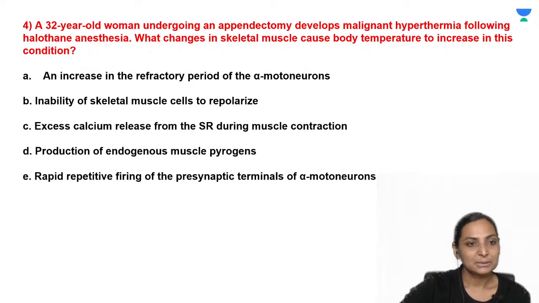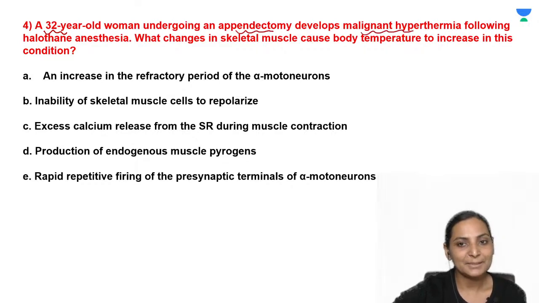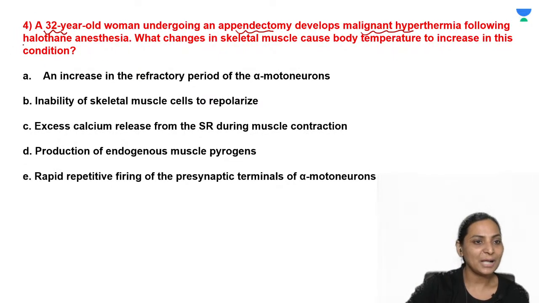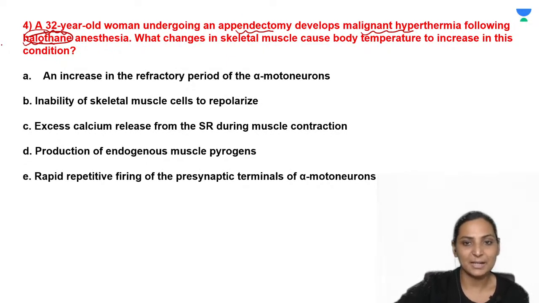Now, a 32-year-old woman undergoes appendectomy and develops malignant hyperthermia following halothane anesthesia. So the clue over here is halothane anesthesia. What changes in the skeletal muscle cause body temperature to increase in this condition?